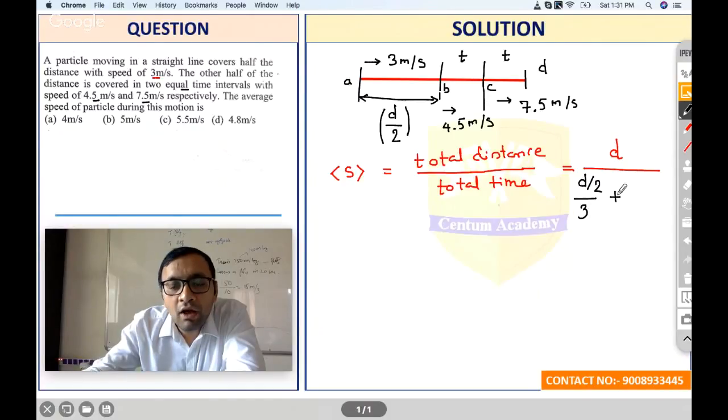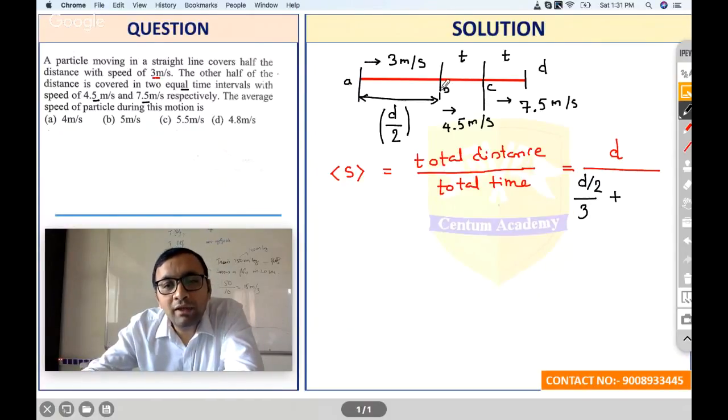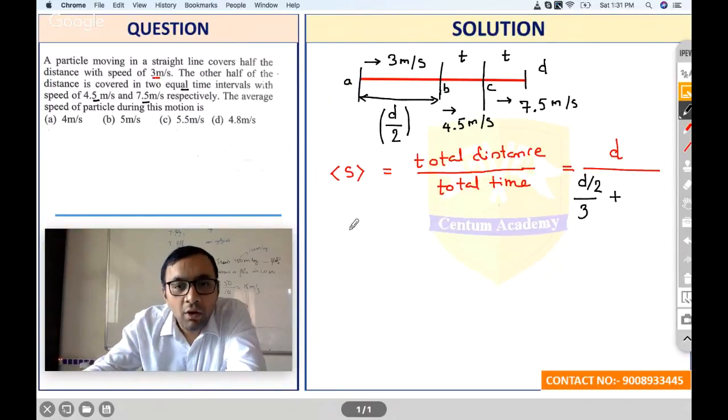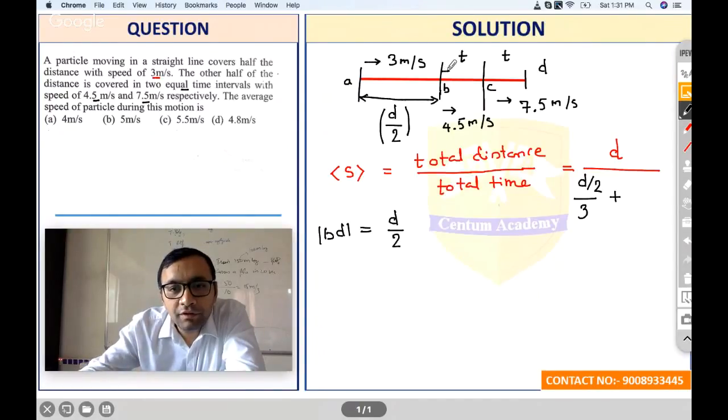Now I want to find out the distance B to C and distance C to D. What I know is the B to D distance is d by 2. So if this distance is, let us say, x, that distance will be d by 2 minus x.